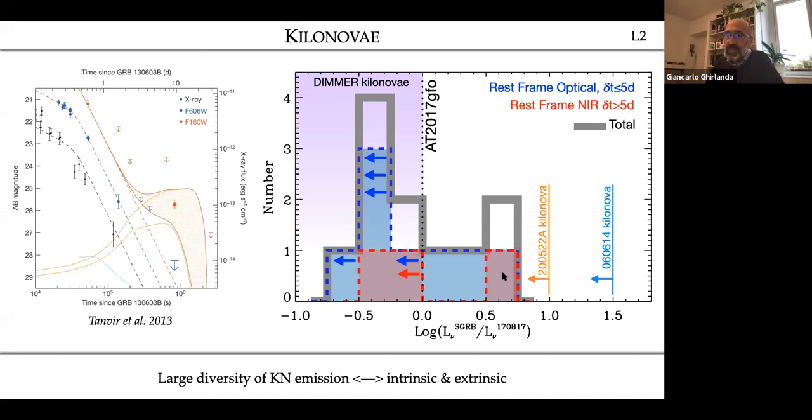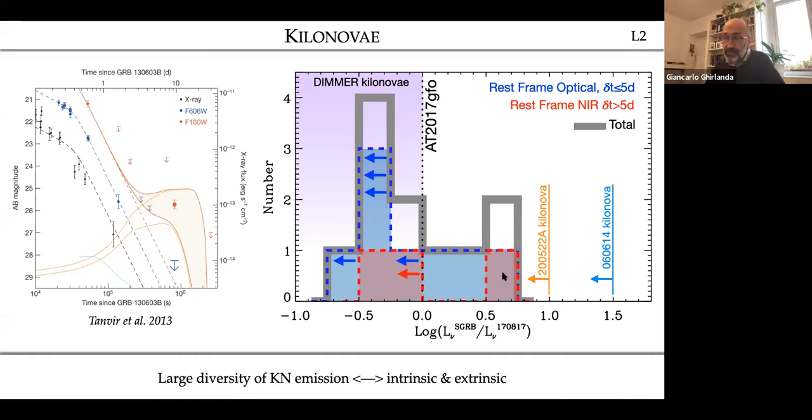And the possibility, which is something that probably will be assessed with future studies and discoveries, is that the large diversity of the possible kilonova emission could be due to a combination of intrinsic and extrinsic effects. Intrinsic effects, as you know, in the kilonova emission are related to basically the mass, the nuclear heating of the material, and the opacity of the material.